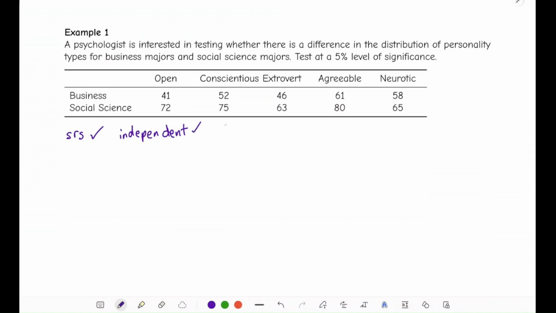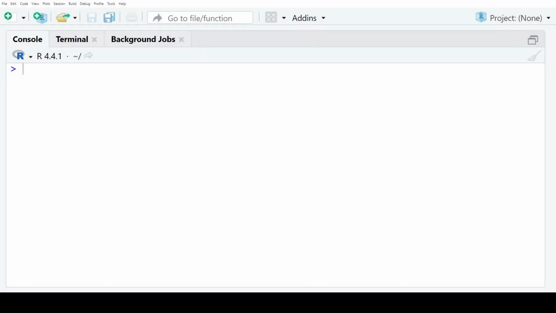But now, greater than or equal to 5. We have to check the expected outcomes, and we have to do that in R. So I'm going to go over to R real quick. The first thing I want to do is type this in as a matrix.